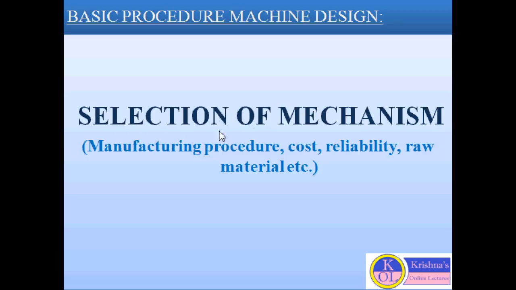Next step is selection of mechanism. From all these alternative mechanisms, we have to select the best possible and suitable mechanism on the basis of manufacturing procedure, cost, reliability, and the availability of raw material, standard parts, and so on.